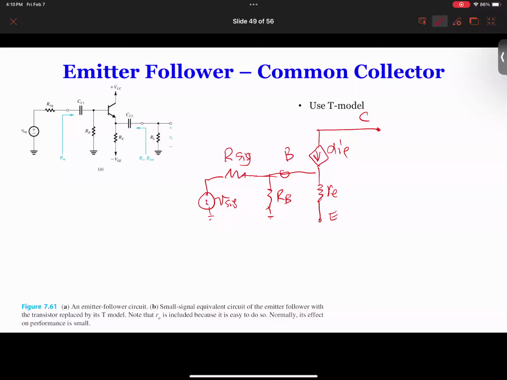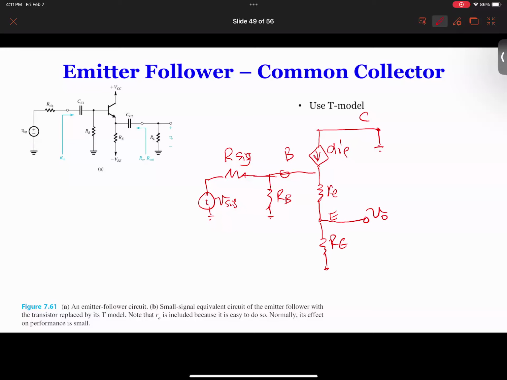Okay, that's the base. And what is connected to the emitter? There's a capital RE to ground, right? So there's capital RE to ground, and the output, of course, is over here. And what is connected to the collector? Ground.